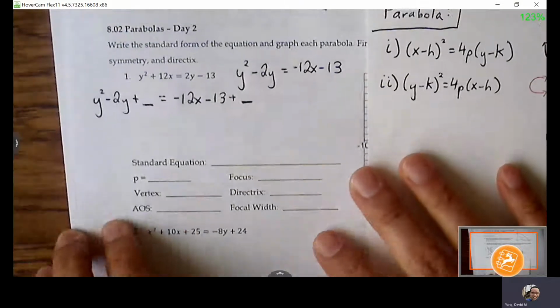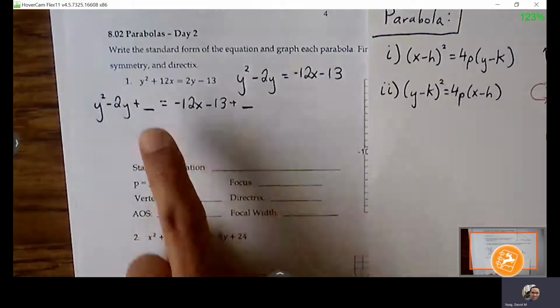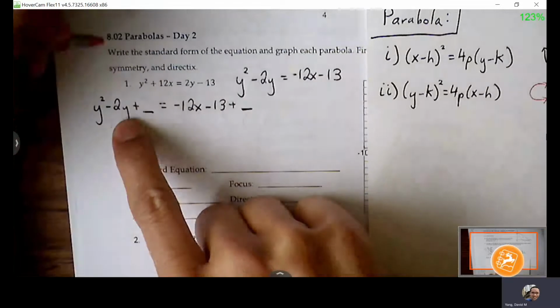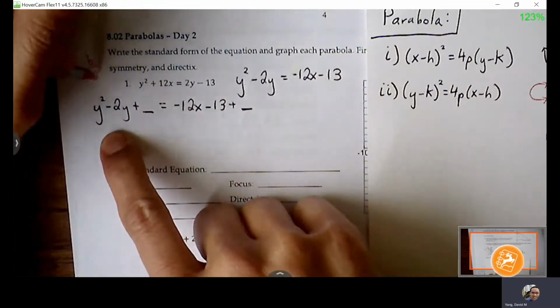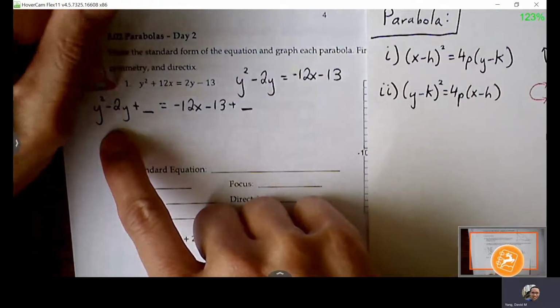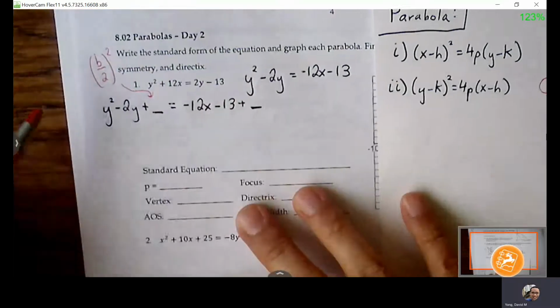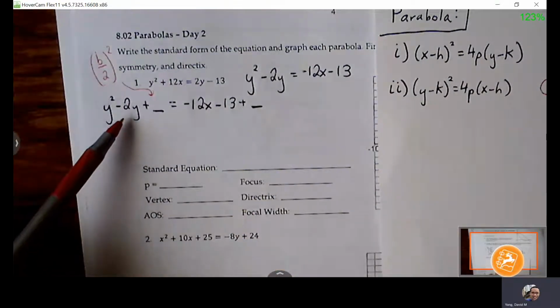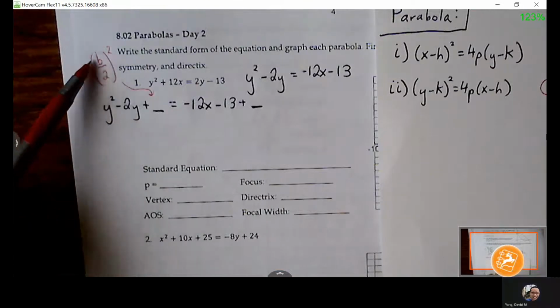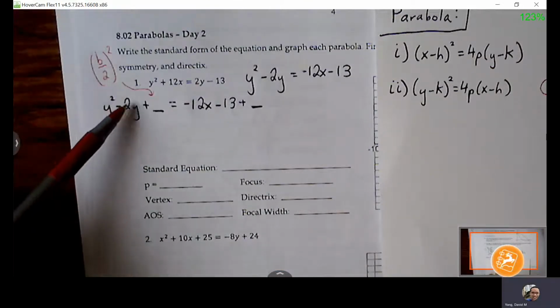Okay, so now the next step is finding what goes inside that space. So the formula that we're going to use is b over 2 squared. Okay. Now the b value is going to be the number that's in front of the y, so it'll be 2. Or -2, really.